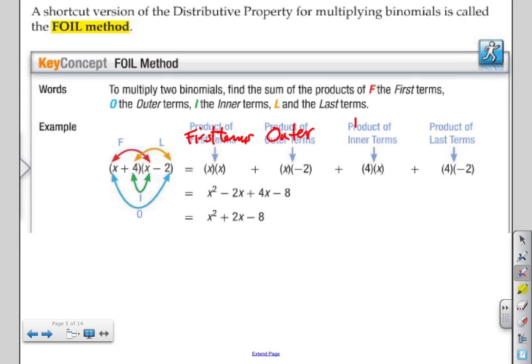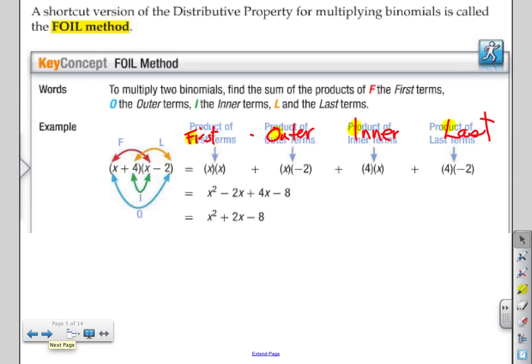I stands for inner, and L stands for last. So there's how we get FOIL. First, outer, inner, last. I'm going to get rid of the terms. We don't need that. So first, outer, inner, last.